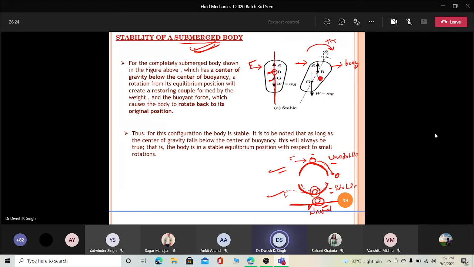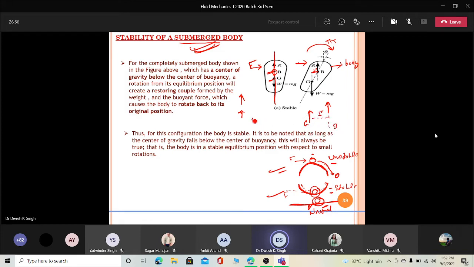When you give a disturbance, these two forces, which were passing through the same line, are separated by a distance. Look here, this is the perpendicular distance between the two forces, here it is Z and here it is B. So this is our perpendicular distance.